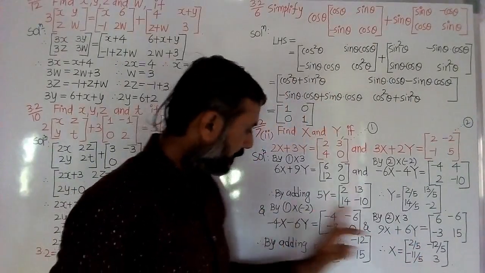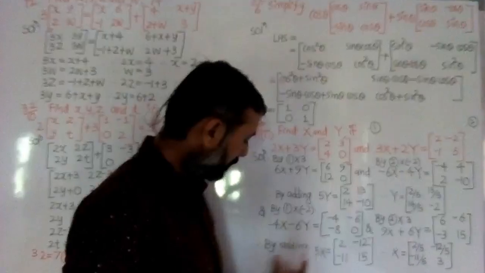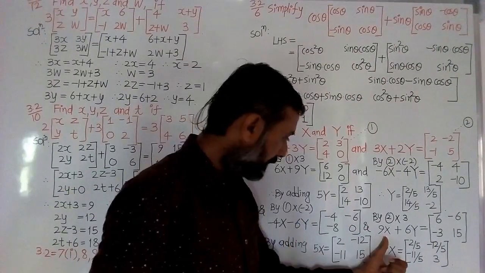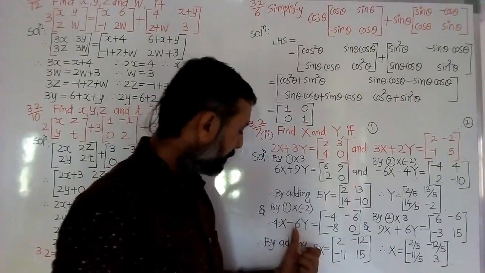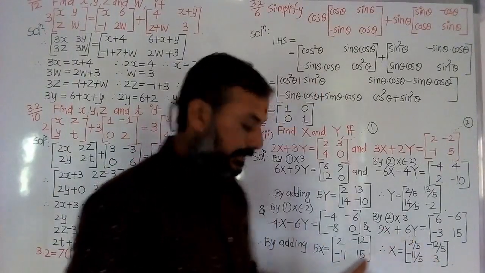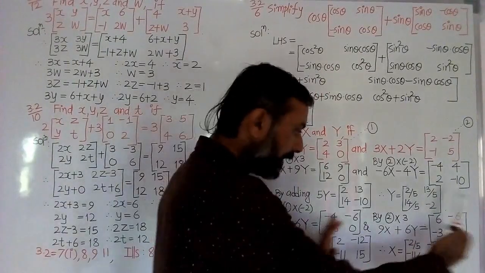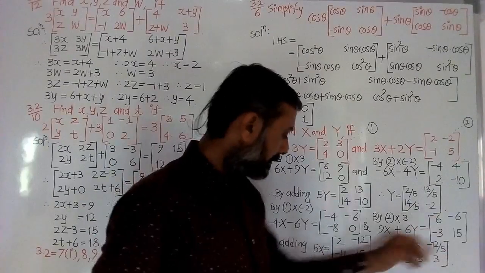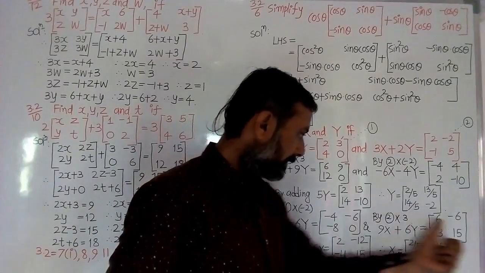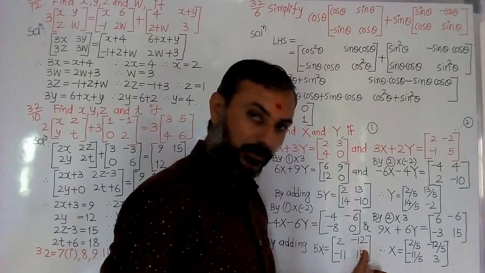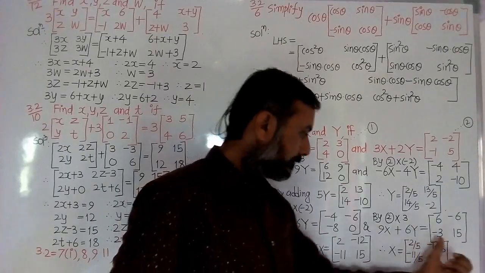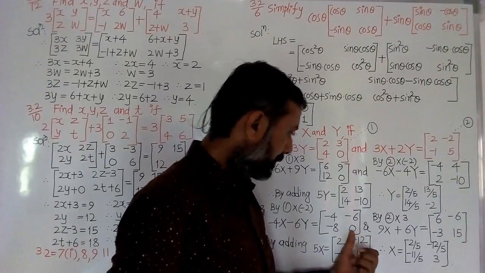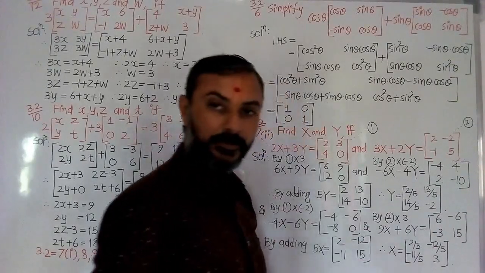Okay, so by adding both the equations, we get minus 4x plus 9x is 5x, minus 6y plus 6y cancel. Now addition of the matrix on the right side also. Minus 4 plus 6 is 2, minus 6 minus 6 is minus 12, minus 8 minus 3 is minus 11, and 0 plus 15 is 15.